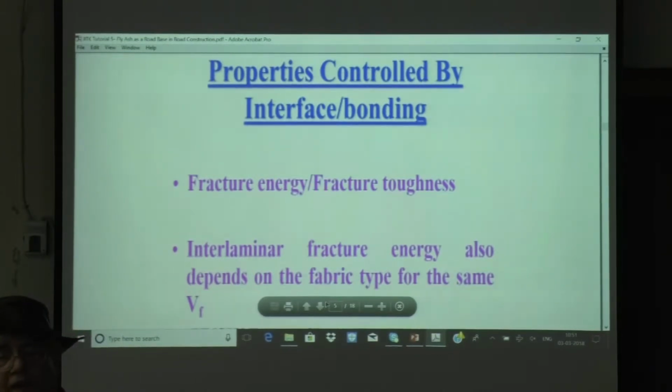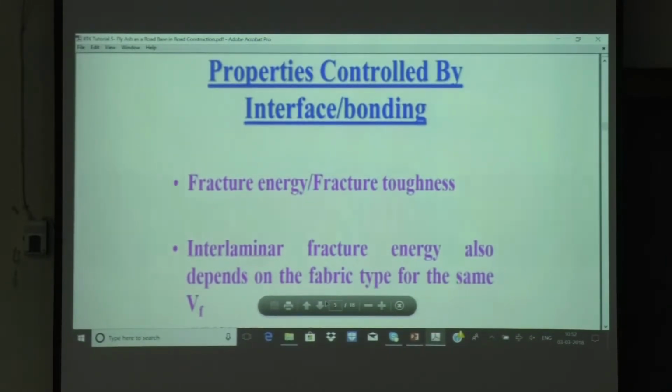They selected several fabrics, and they found that one of the fabrics has very high fracture energy. That means it can be much more lightweight. So for the same lighter weight, it can generate much more toughness. And toughness is very important everywhere. For the same volume fraction, you can have higher interlaminar fracture energy.